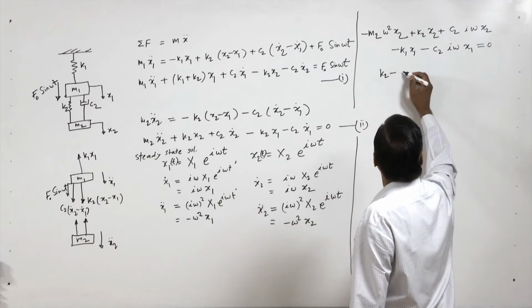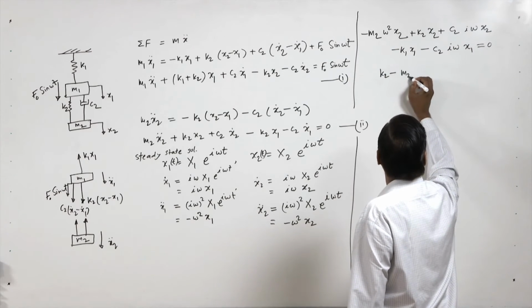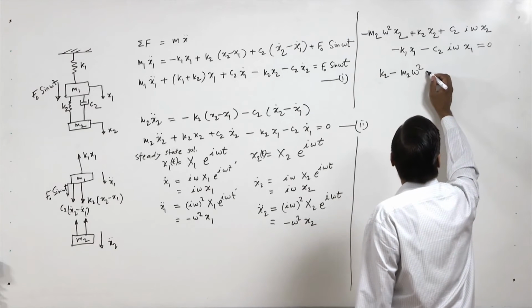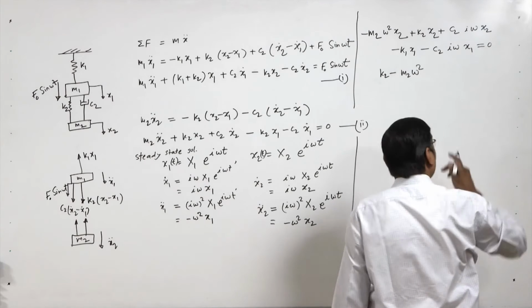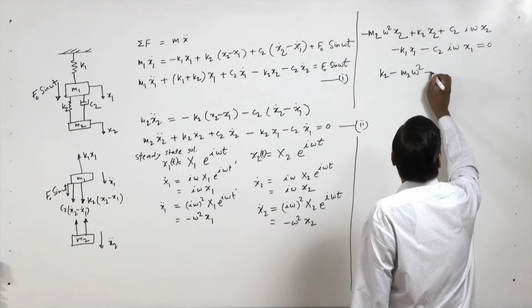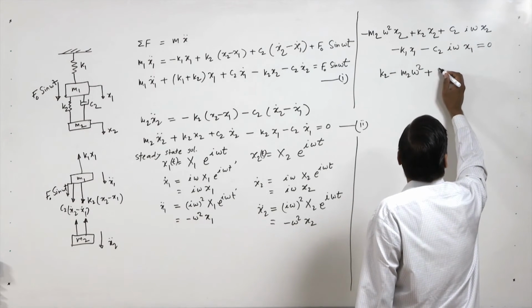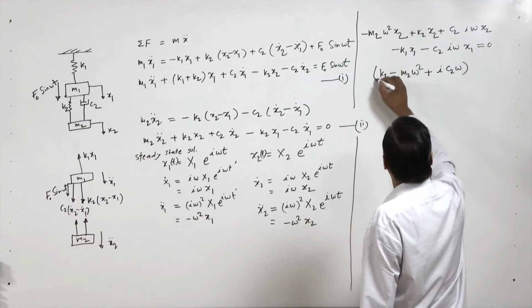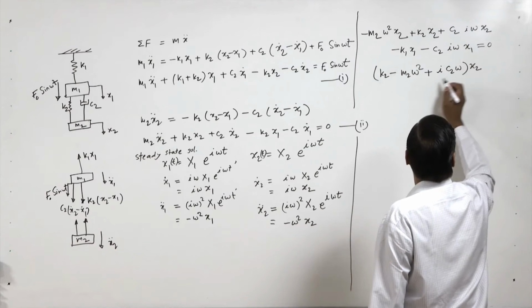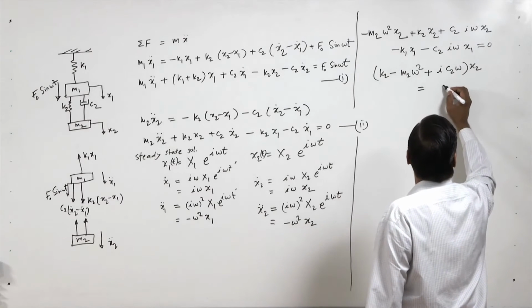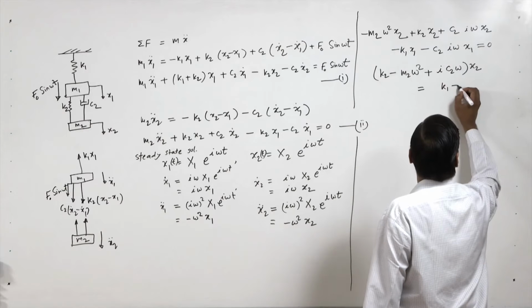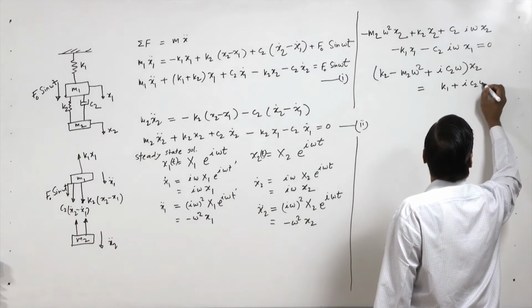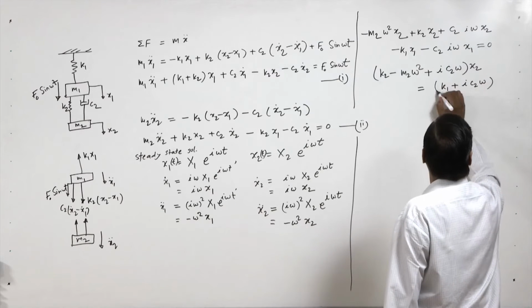So we can write (k2 minus m2 omega square plus i c2 omega) X2 is equal to (k2 plus i c2 omega) X1.